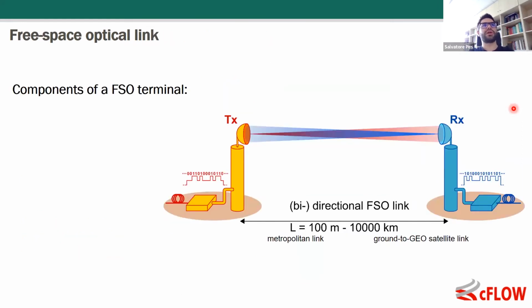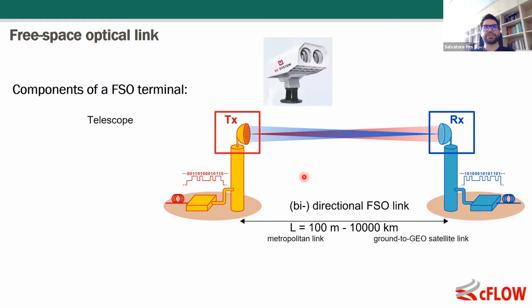So what is an optical link? We can see in the image that it is basically composed of a transmitter and a receiver. In this case, a bidirectional free space optical link. It can range from some hundreds of meters in the case of a metropolitan link, up to some tens of thousands of kilometers, for instance in the case of ground to geostationary satellite orbit.